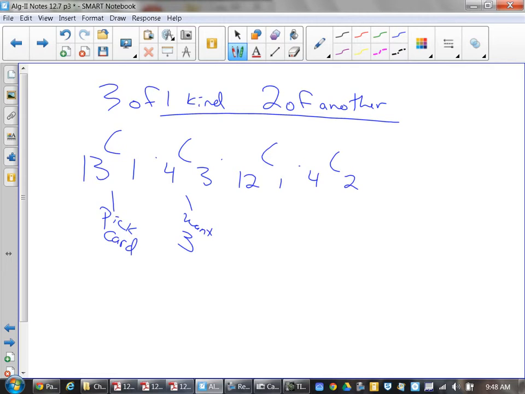All right, pick a card. Ready? Here's your card. What is it? It's an 8 of diamonds. So you pick the card. You want an 8, so you want 3 8s. Well, how many 8s are in the deck? So you want 3 of them.